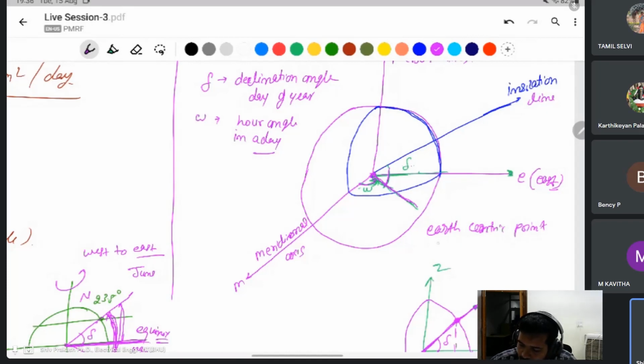This is, you can say, an earth-centric point. This will be at that center point, but you want to calculate at the surface of the earth. What is all of this at the surface of the earth?